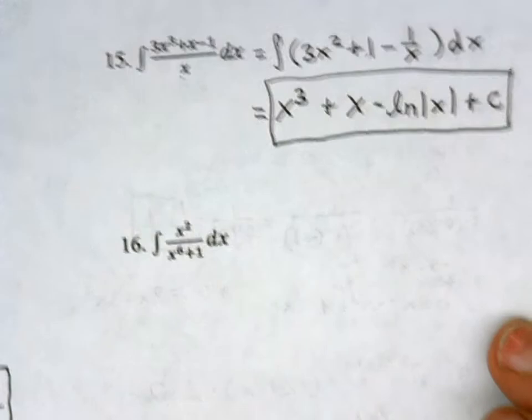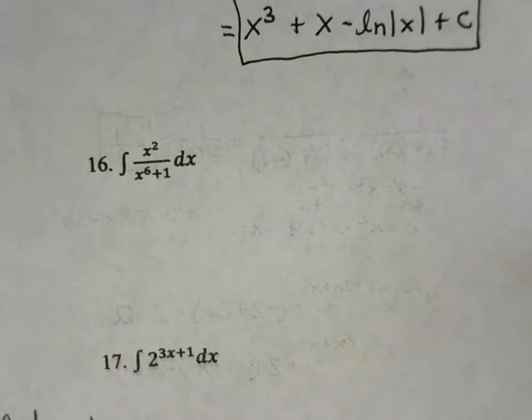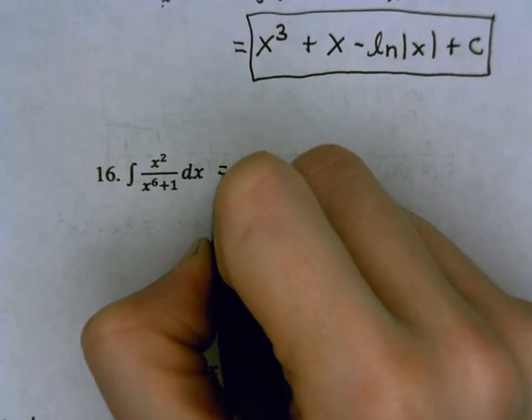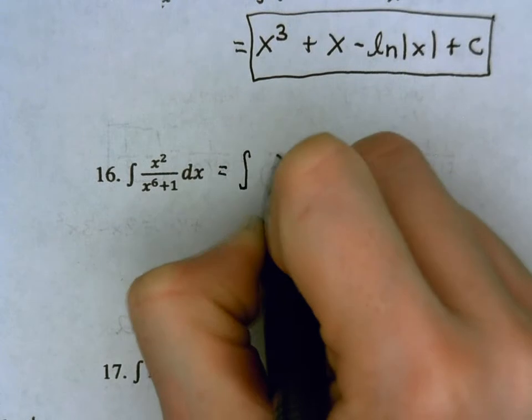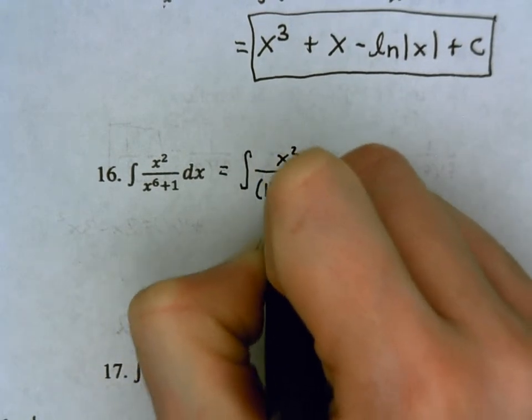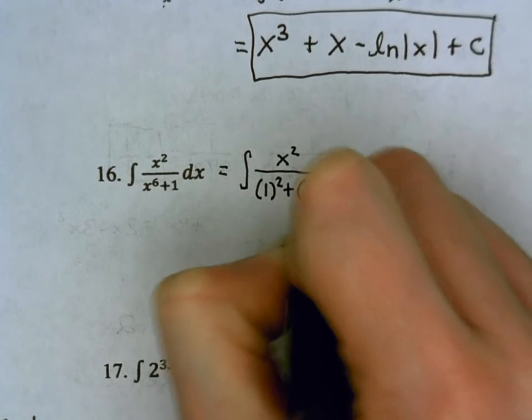Okay, number 16. Again, a case where you might try a variety of different u's and du's, but you're going to work your way all the way down and then see that arctan and go, well, let's just try to put it in that form. What does that look like? Well, it looks like x squared over my a squared plus my u squared.